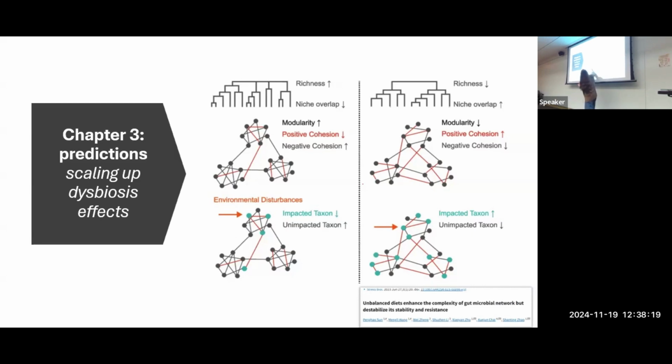So this disturbance will occur and heavily impact this module, but because of limited links to other ones, you're not going to see this resounding effect across the entire network as much. On the other hand, if you're all highly interconnected with one another, that disturbance is going to have cascading effects across the entire network, right?